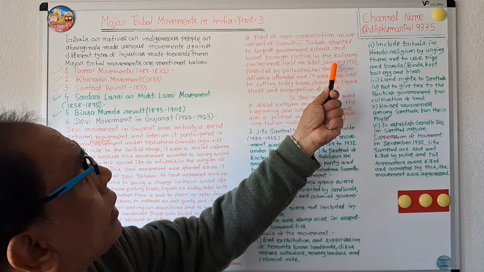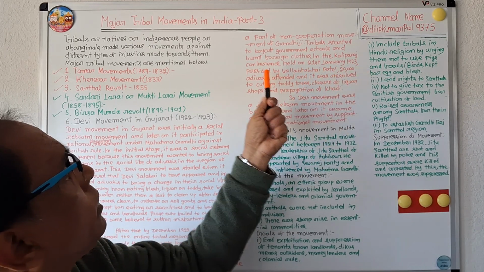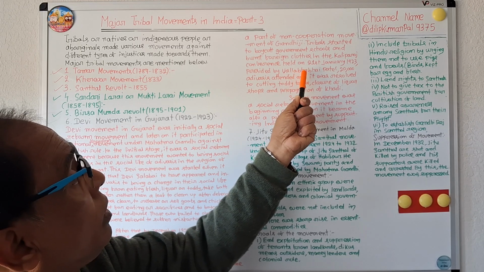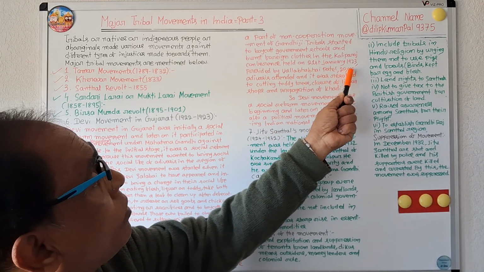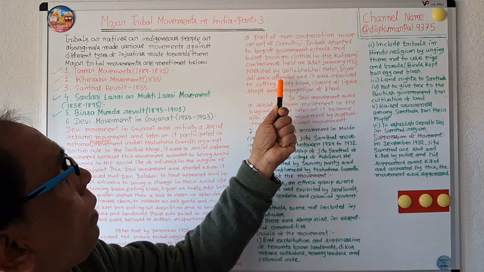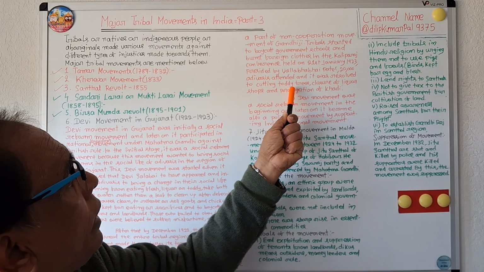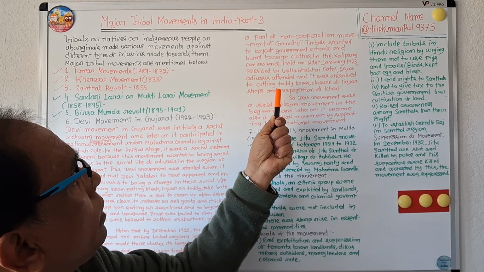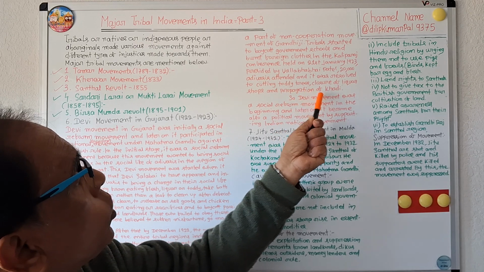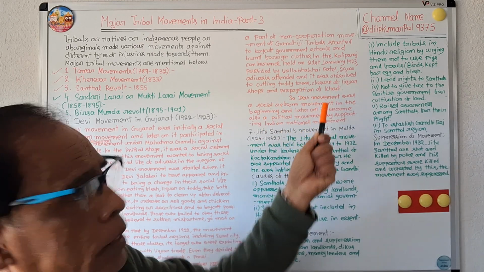In the Kali Paraj conference held on 21st January 1923, presided by Vallabhbhai Patel, 20,000 Adivasis attended, and it resulted in cutting toddy trees, closure of liquor shops, and propagation of Khadi.